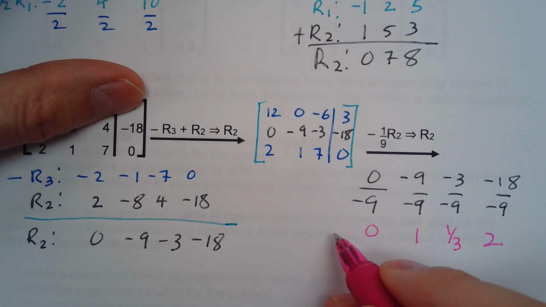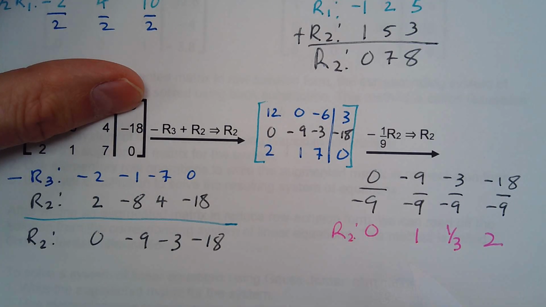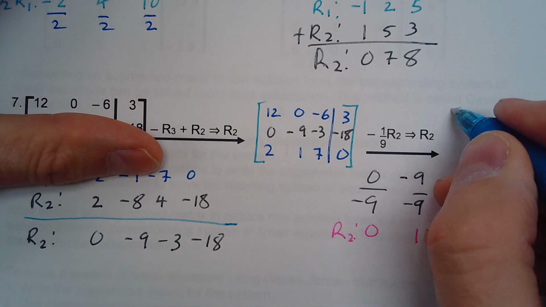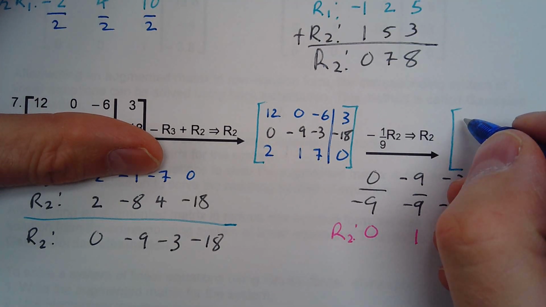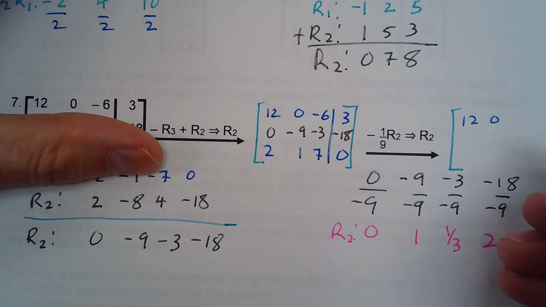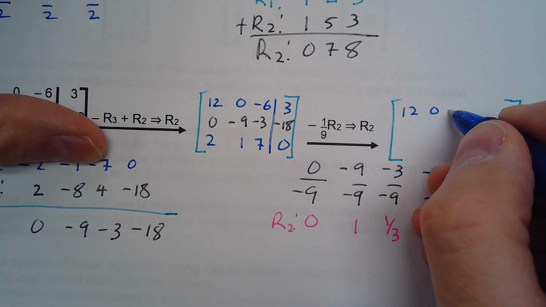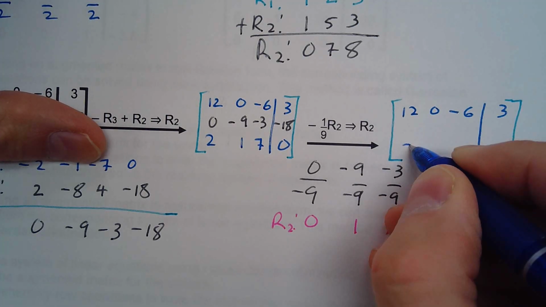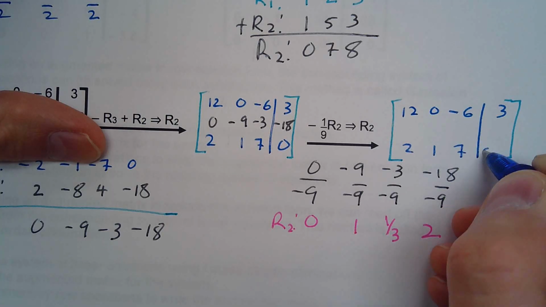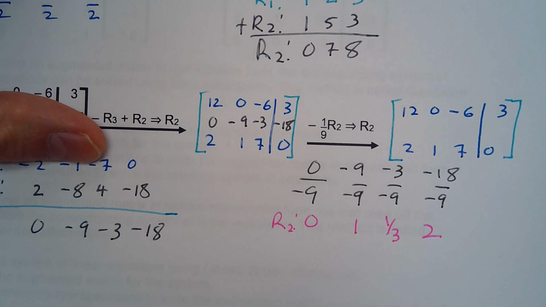And then that's going to become my new row number 2. So row number 1 is still the same. Row number 3 is still the same. The only thing I've changed is row number 2.